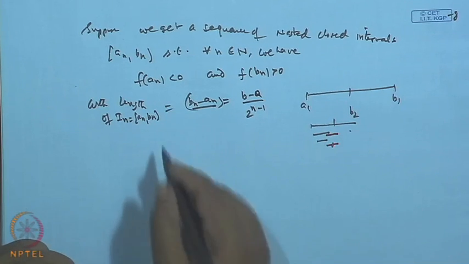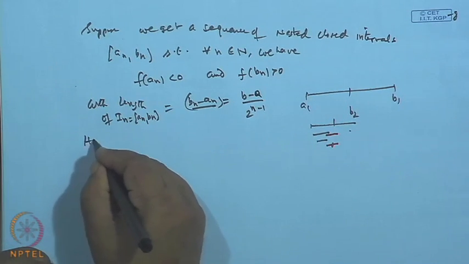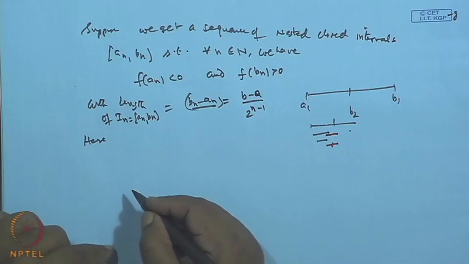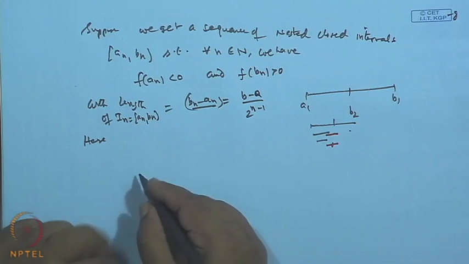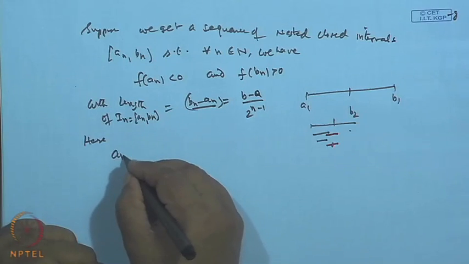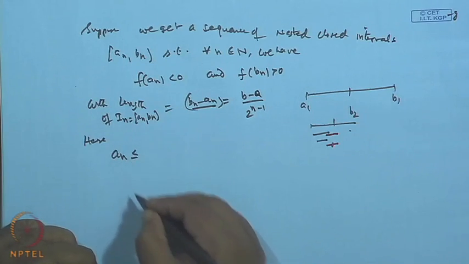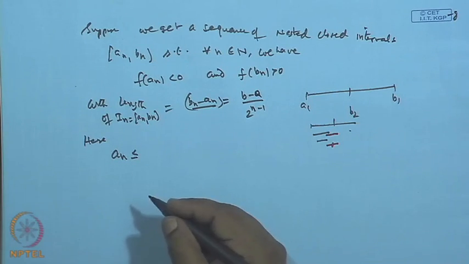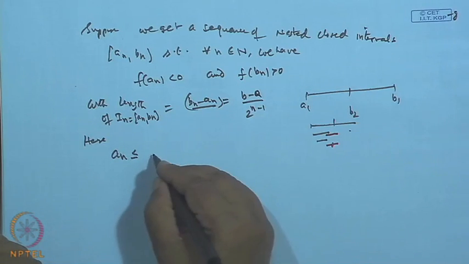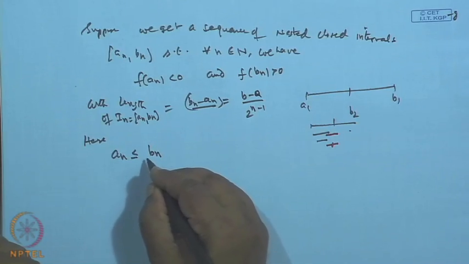Now, here we get a n less than or equal to b n, a nested interval.